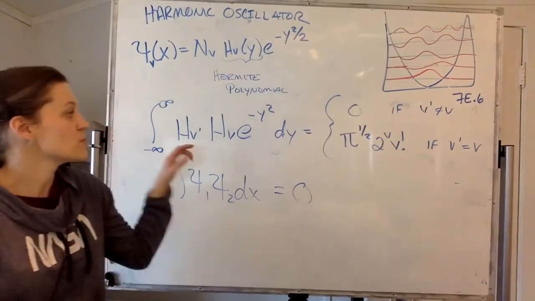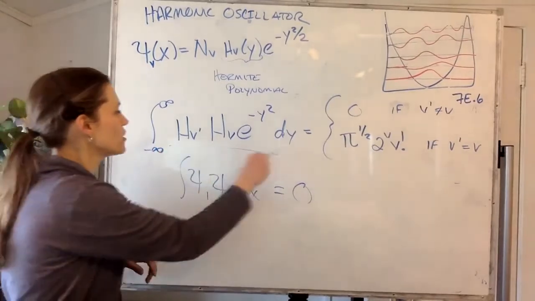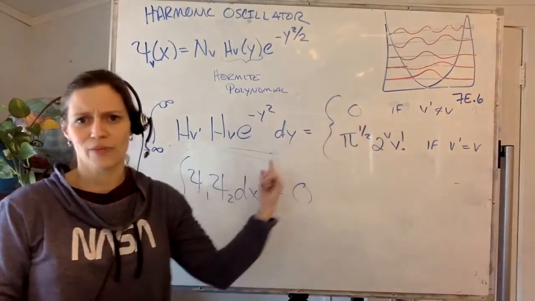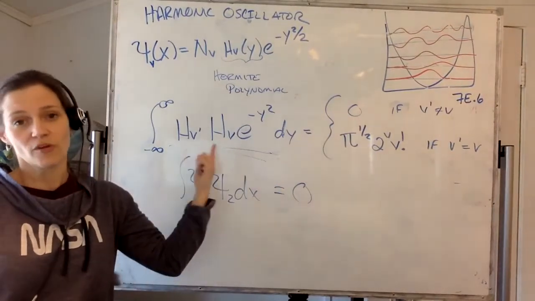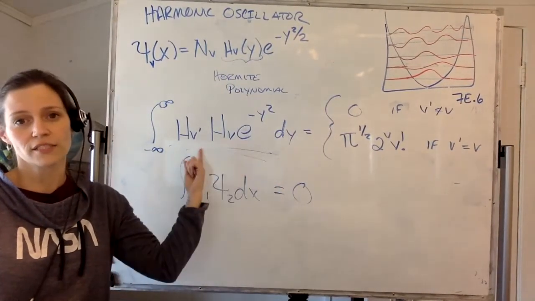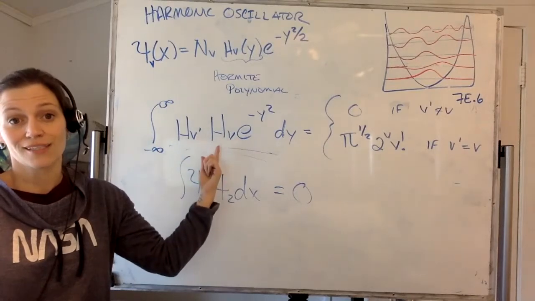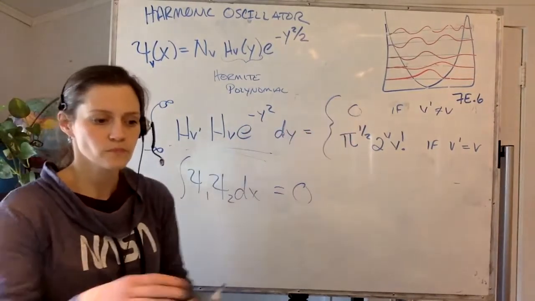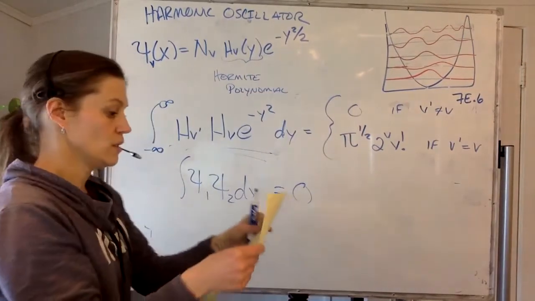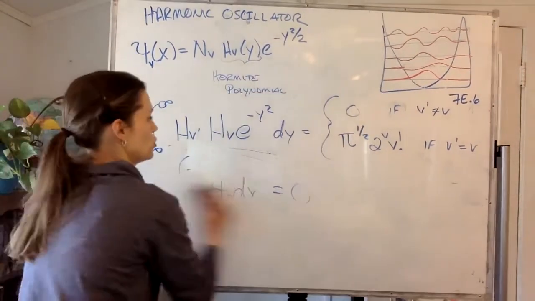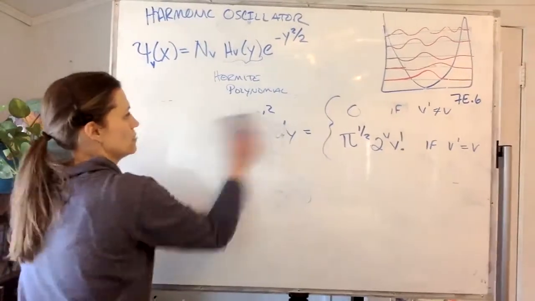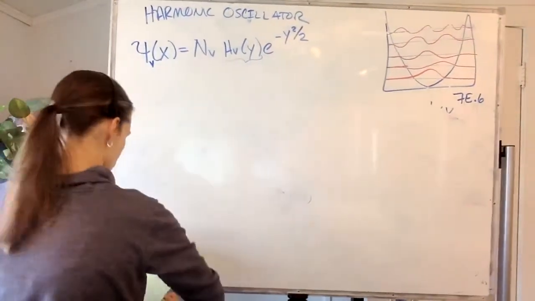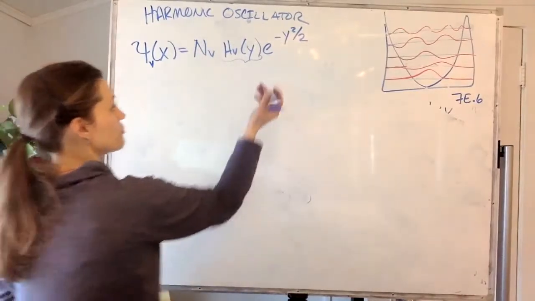And so this is a nice way, if you can get your function into this form, you can be like, oh, I recognize that, that's just 0, because that is Hermite polynomial 1, Hermite polynomial 2 times the Gaussian here, and the v prime and the v are not the same, so it equals 0.